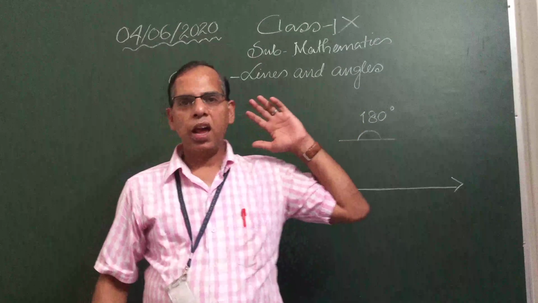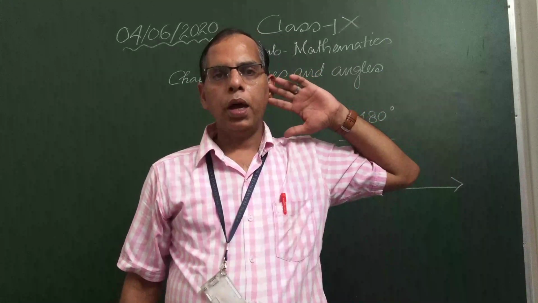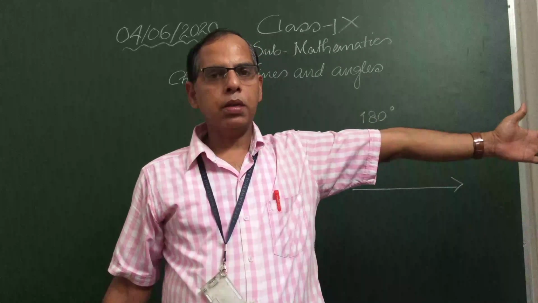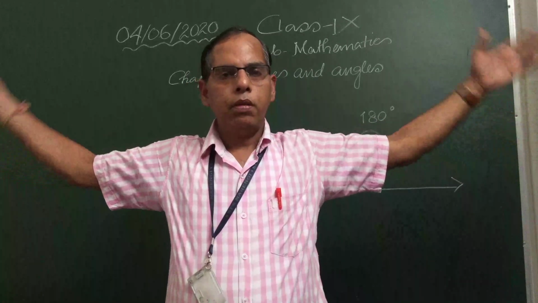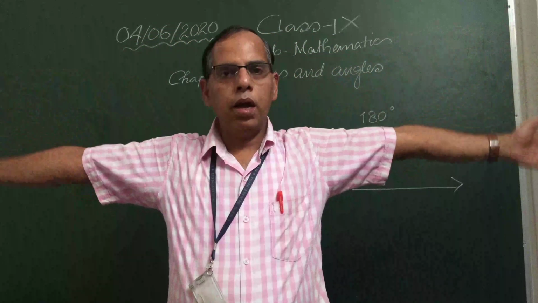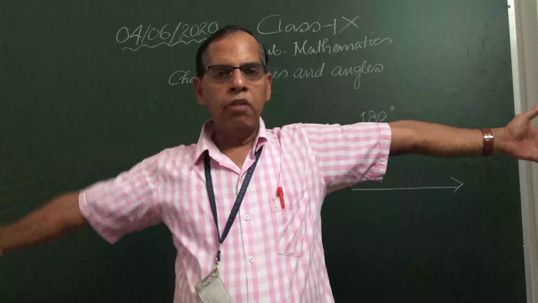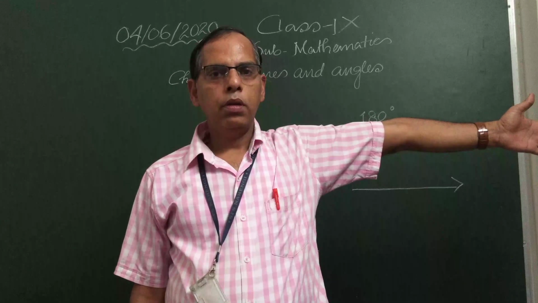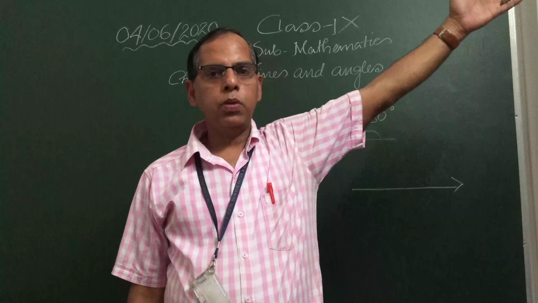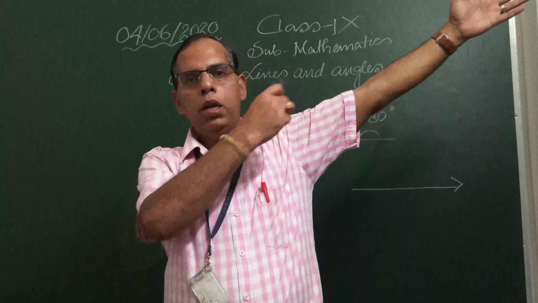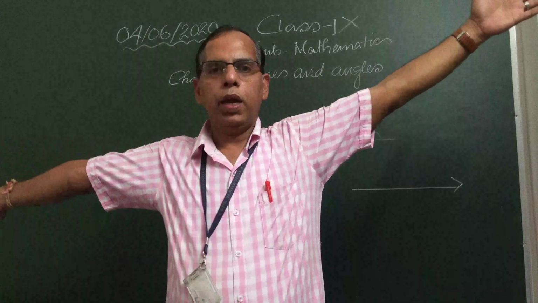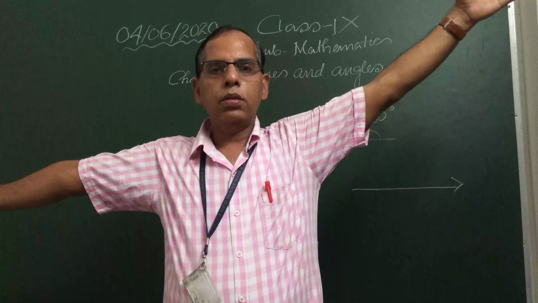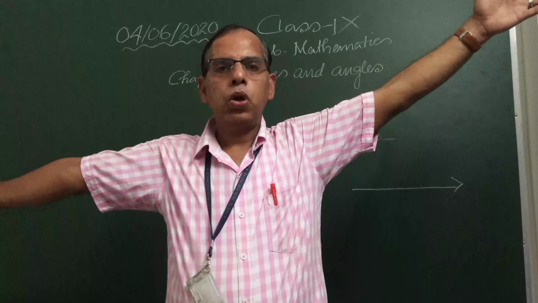By this hand itself, you can show all the different measurements of angles. If I make it straight, this is a straight angle. If I put this down, this is a right angle, yes or not? If I put it this way, this is an acute angle. But if I put it this way, this is an obtuse angle.